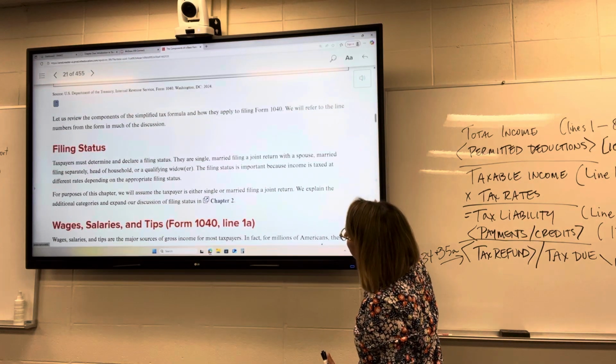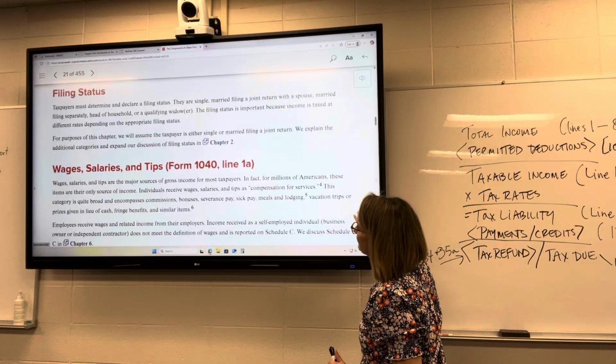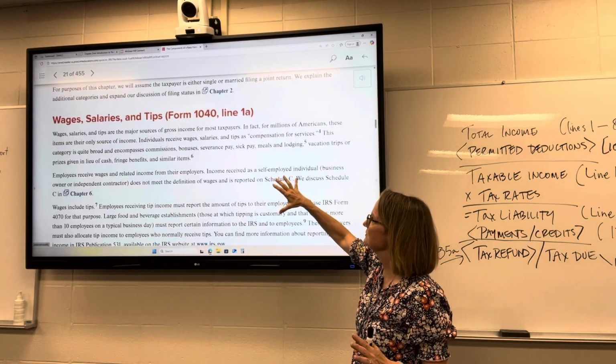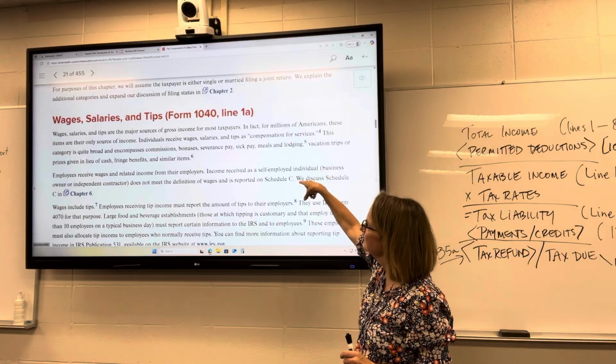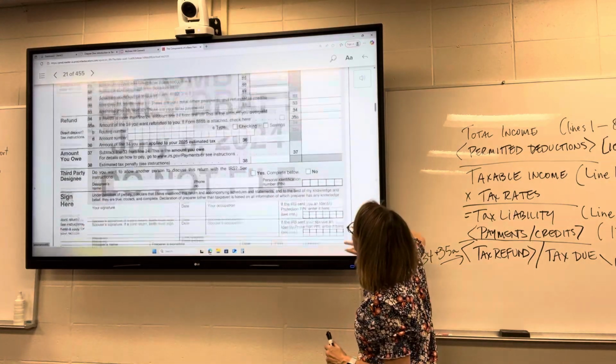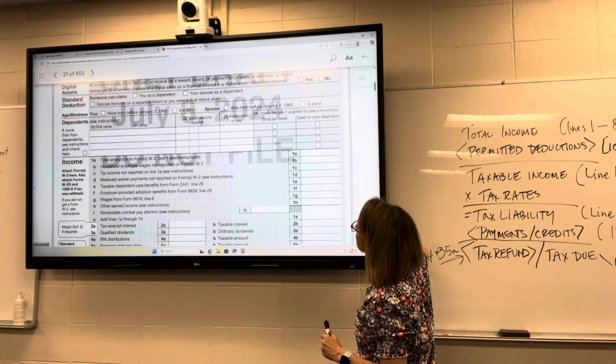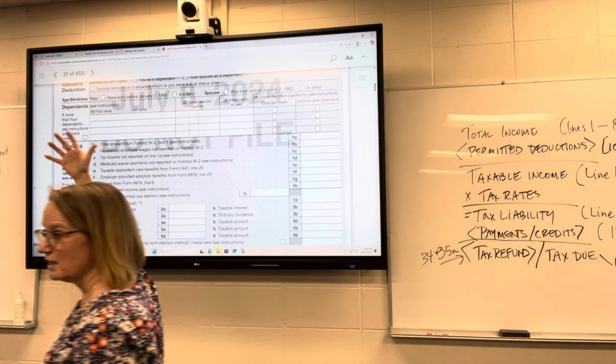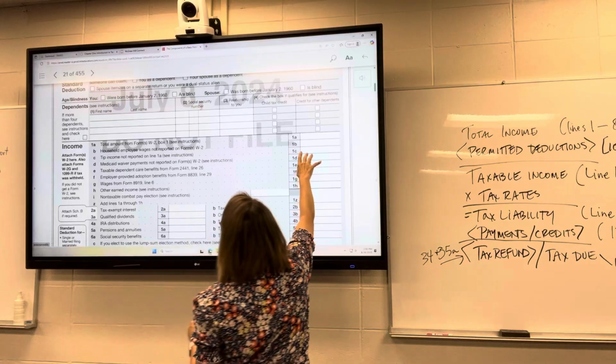Filing status, we already talked about that. So some of the different types of income we can talk about. Wages, salaries, and tips, this is on line 1. Actually, I'm going to use the form to talk about that. So line 1, amounts from W-2s. So the amounts that were in box 1 of the W-2s, that's going to be up here.